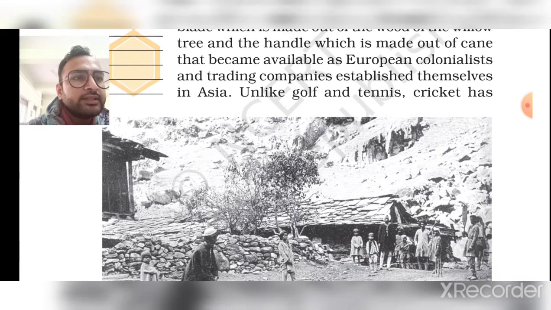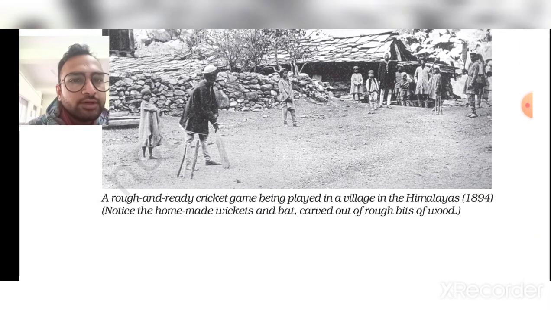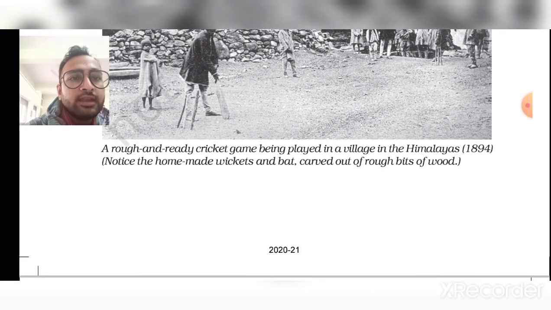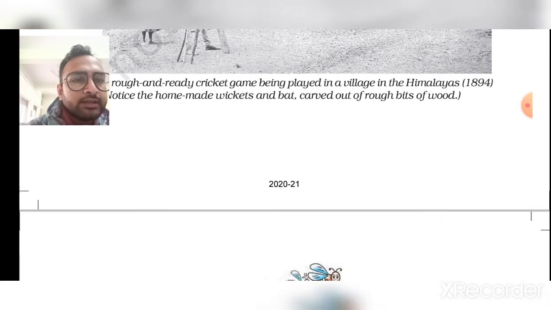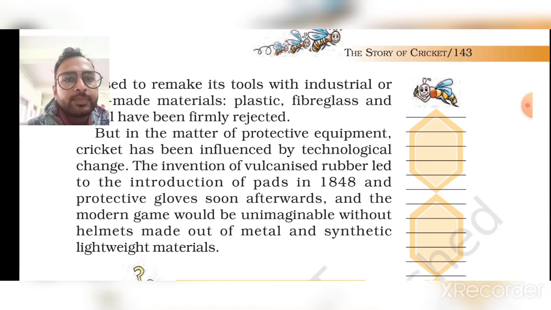Unlike golf and tennis, cricket has, you can see over here in the old picture, a rough and ready game being played in a village in the Himalayas. It refuses to make its tools with industrial or man-made material; plastic, fiberglass and metal have been firmly rejected. But in the matter of protective equipment, cricket has been influenced by technological change.